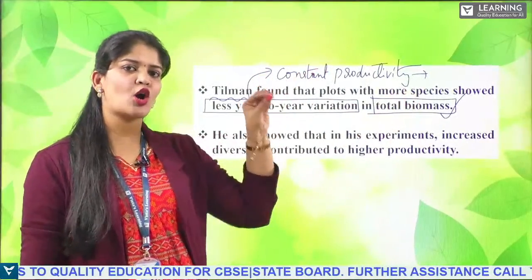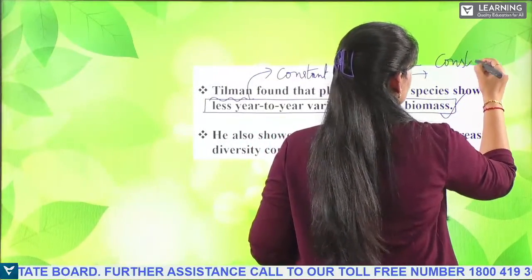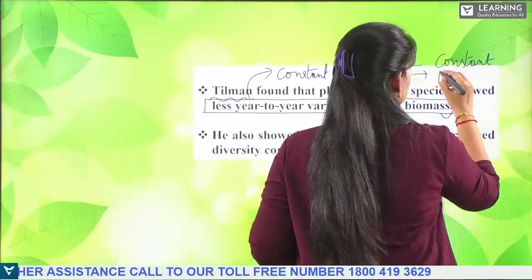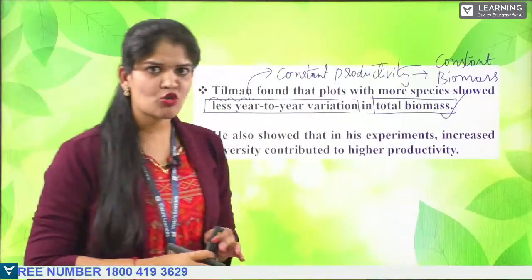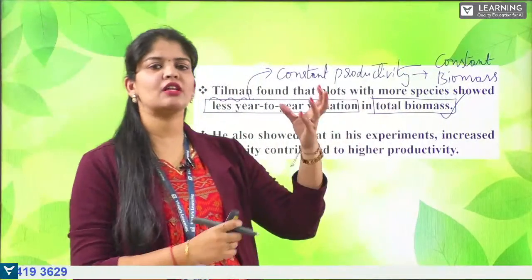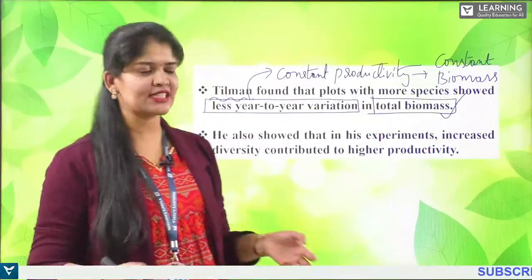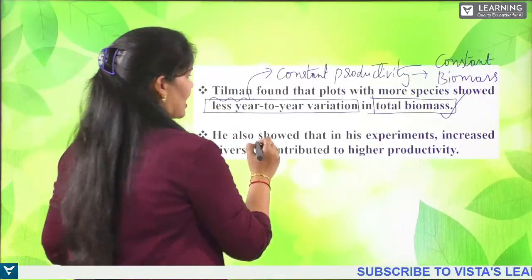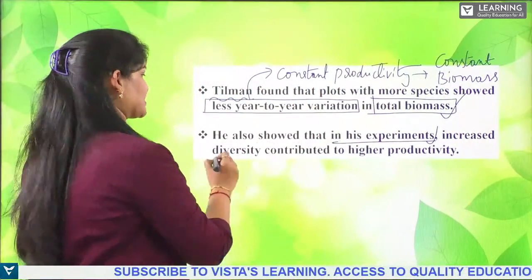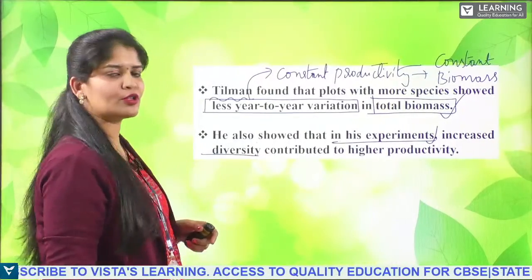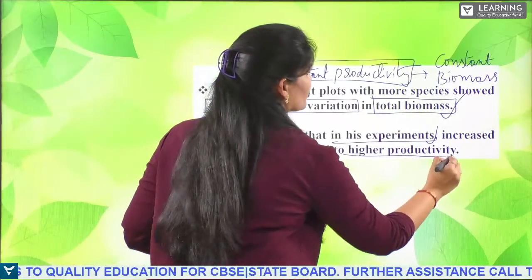That means it is maintaining constant biomass. If the constant biomass is being maintained, then the next trophic level will always get the transfer of energy. That is, energy flow is maintained constant. He also showed that, in his experiment, increased diversity contributed to higher productivity.